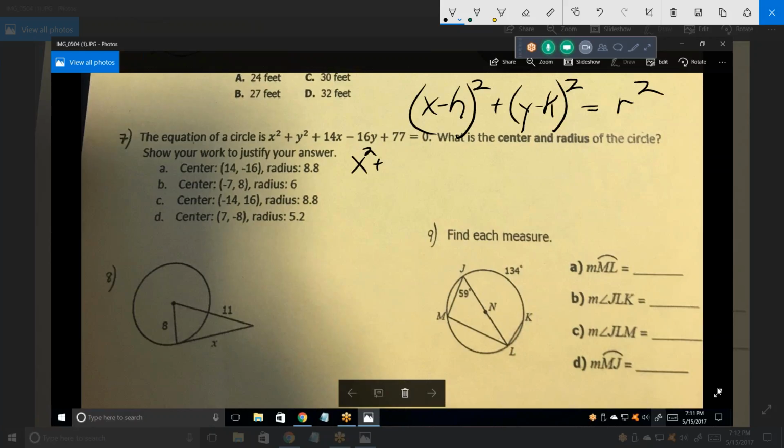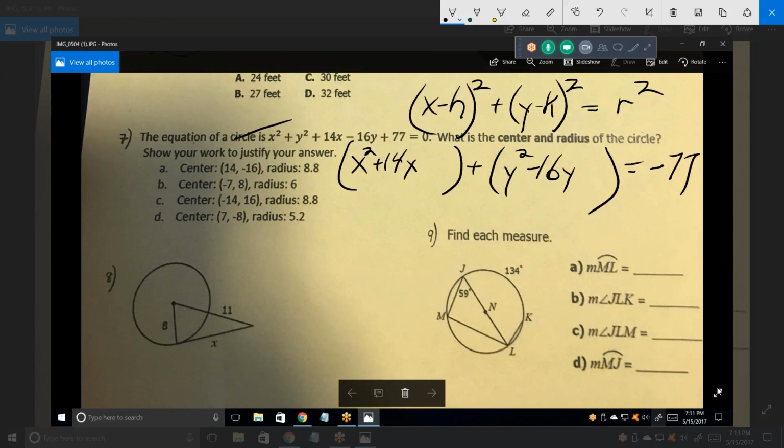X squared plus 14x, leave room to complete the square, plus y squared minus 16y, leave room to complete the square, equals minus 77. So far I've got exactly what I started with. And that's the way you want to do these problems. You want to make sure as you go from step to step that you do not change that equation.